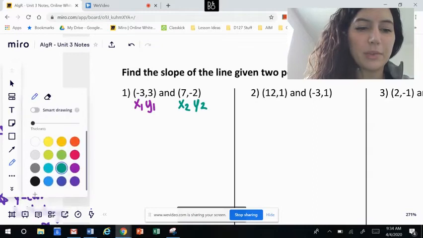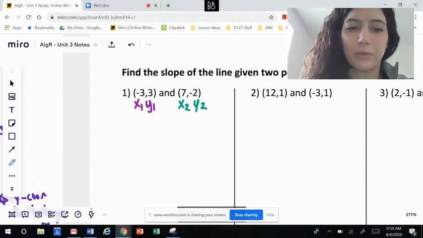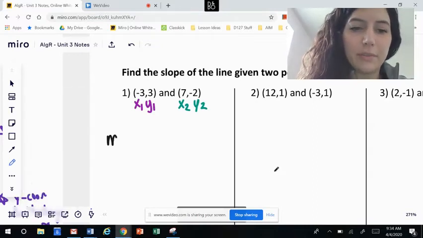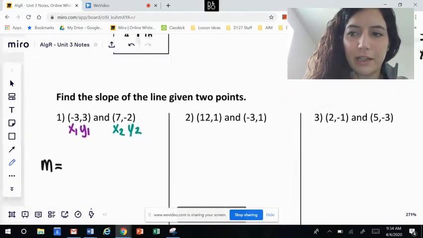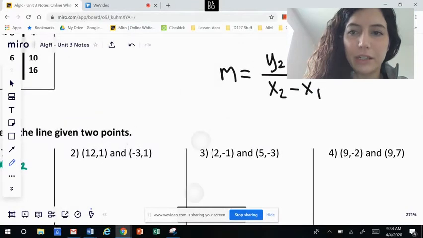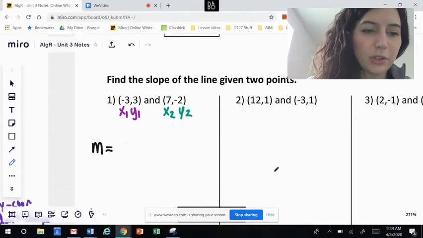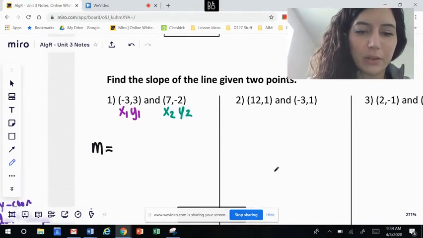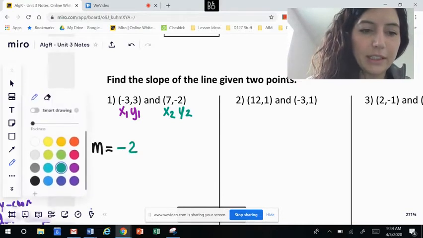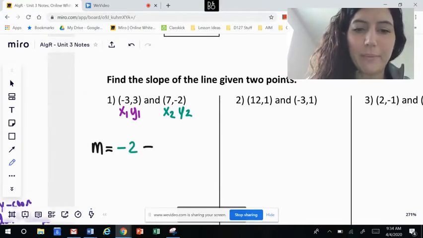Now I'm going to substitute those into my slope formula. So I start with m equals. Now in my slope formula, I'm going to look back so I can reference. I start with y2 minus y1. So y2, I look to see what I've labeled here. y2 is -2. Then immediately you're going to make sure that you still include that minus, okay?